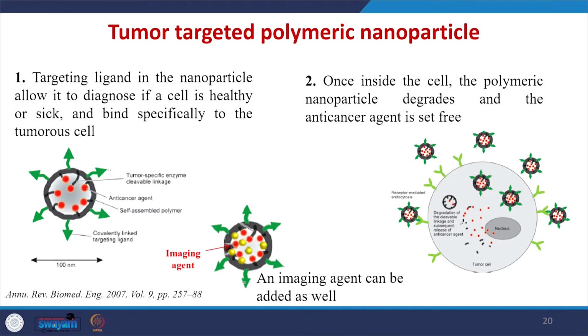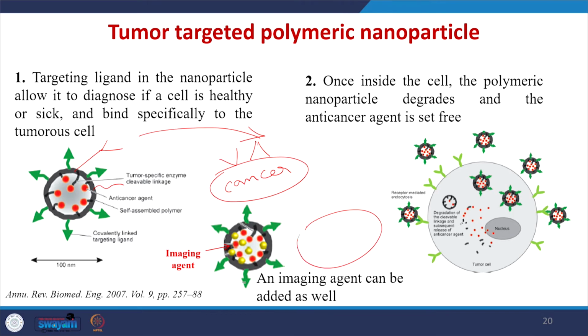Let us see what is active targeting. In the case of active targeting, as I told earlier, we have to add specific ligand, we have to add antibody or we have to add the particular protein or peptide, and that will specifically bind to the cancer cell, and once it binds to the cancer cell, then it will kill the cancer cell.